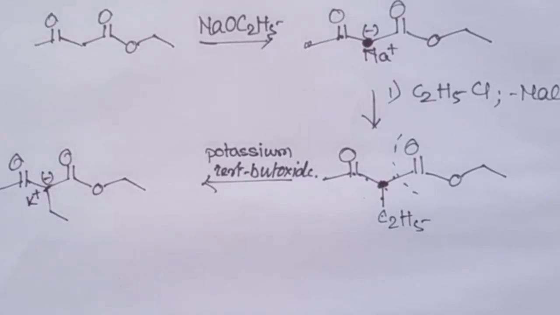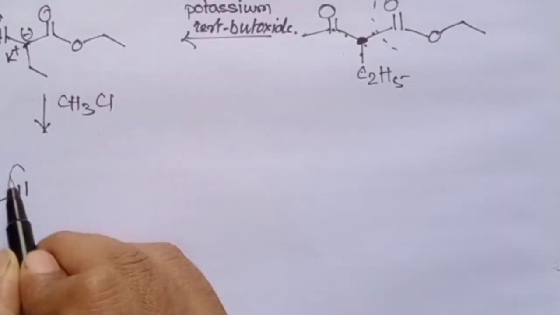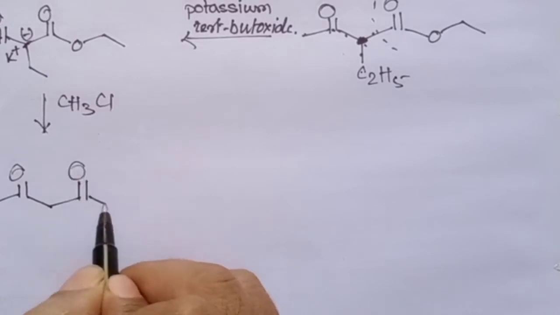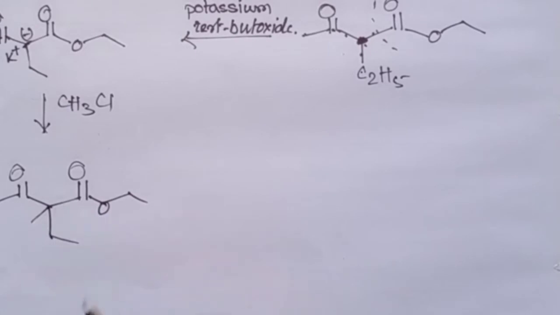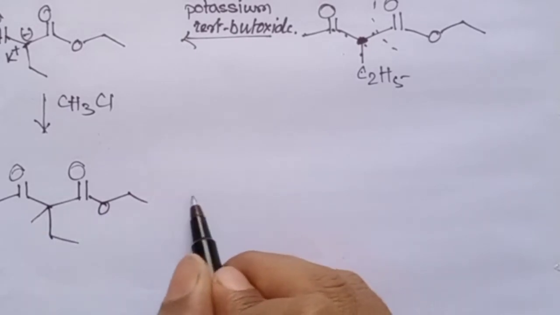So this one is the way. And in the very next step, I will place CH3Cl. Here it is the methyl, CH3.